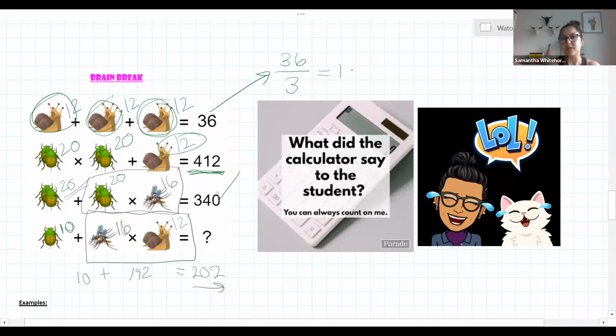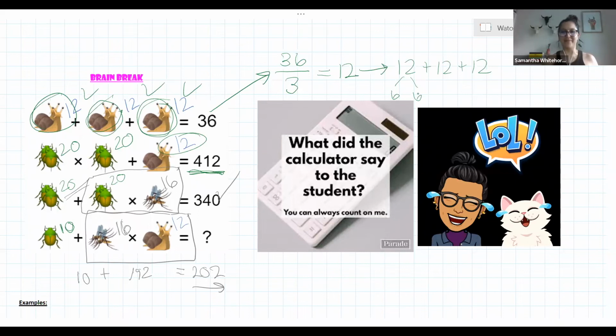That gives me 12. And so that tells me that if I add 3 12s, I'm going to get 36. And so that's why each of them is equal to 12. If I have 2 snails that represent 12, that means 1 snail is worth 6. And together they make 12. Yes, ma'am. Thank you. Good, well done.